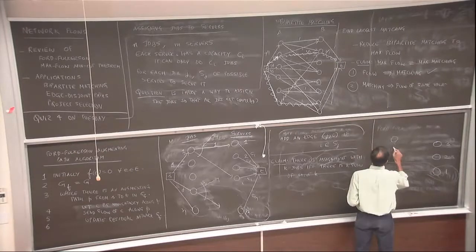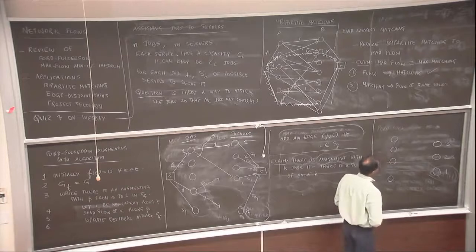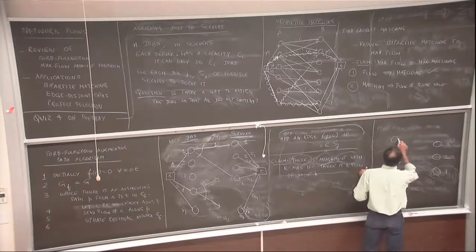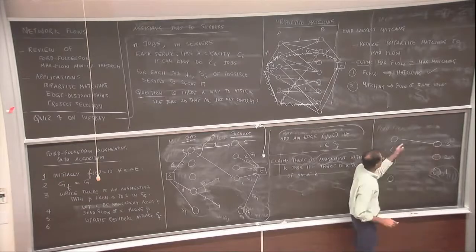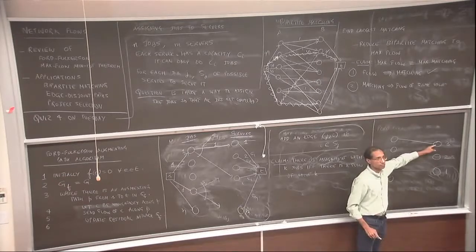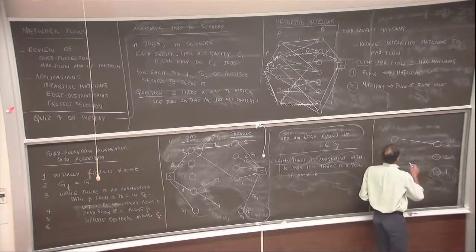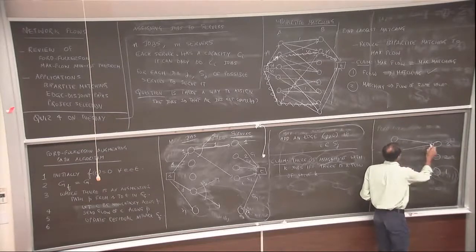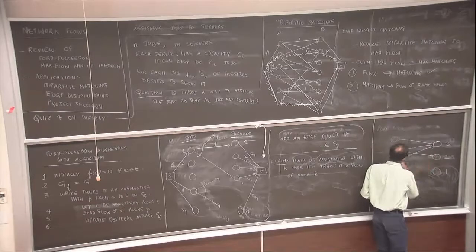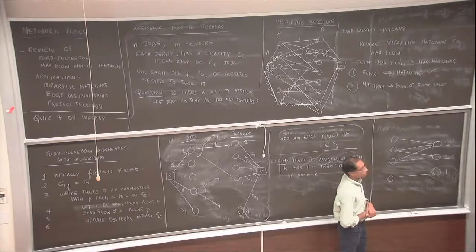And let's say these are 4 jobs, and let's say this job can only be assigned to this server. And this job can be assigned to this server, this job can be assigned to this server. But these 2 jobs can also be assigned here. Let's say this is your picture here.